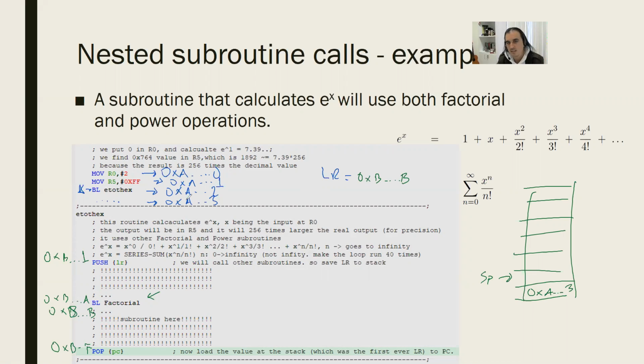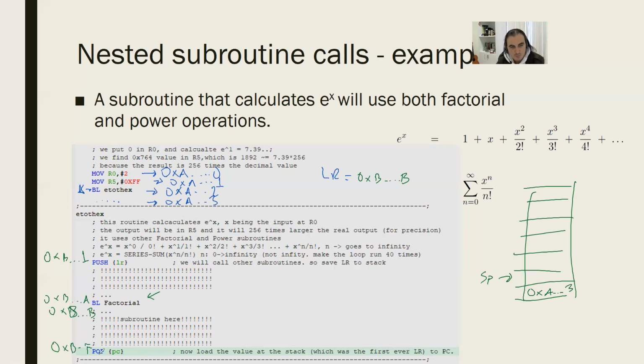Did I? Actually, no. The factorial function, as you remember, ends with BX. It returned, it continued. Then I did pop PC, guys. What did pop PC do? Actually, pop PC gets the top value of the stack and writes it to PC.